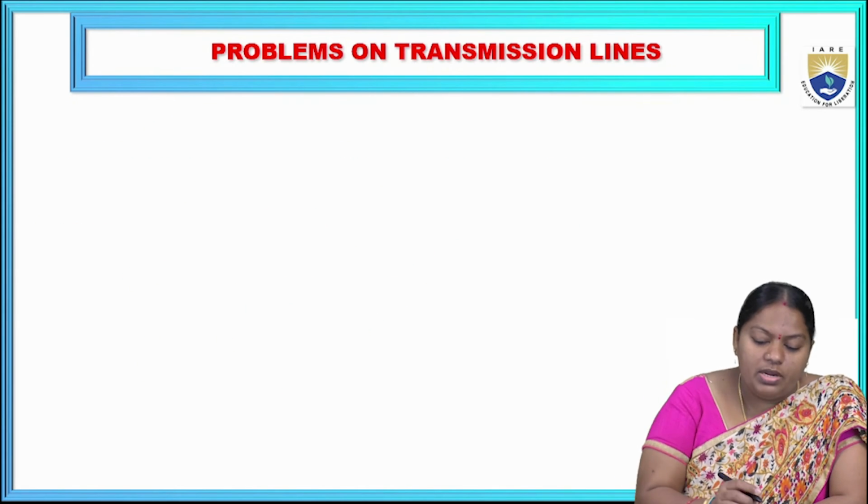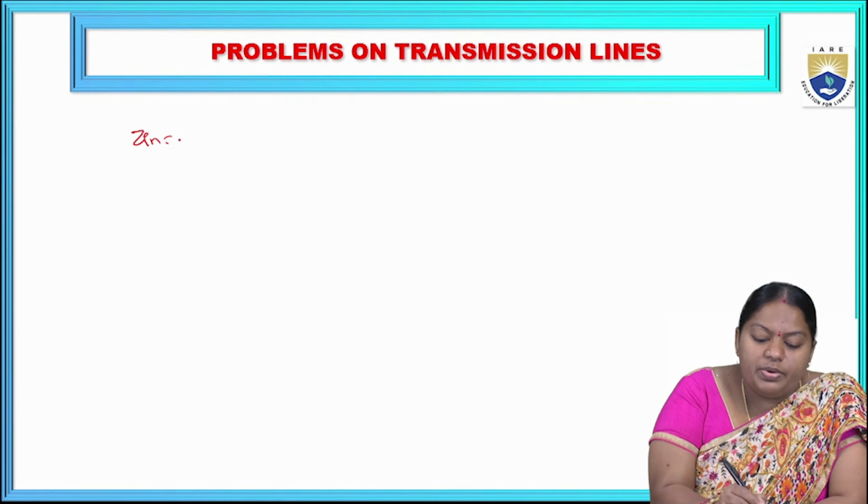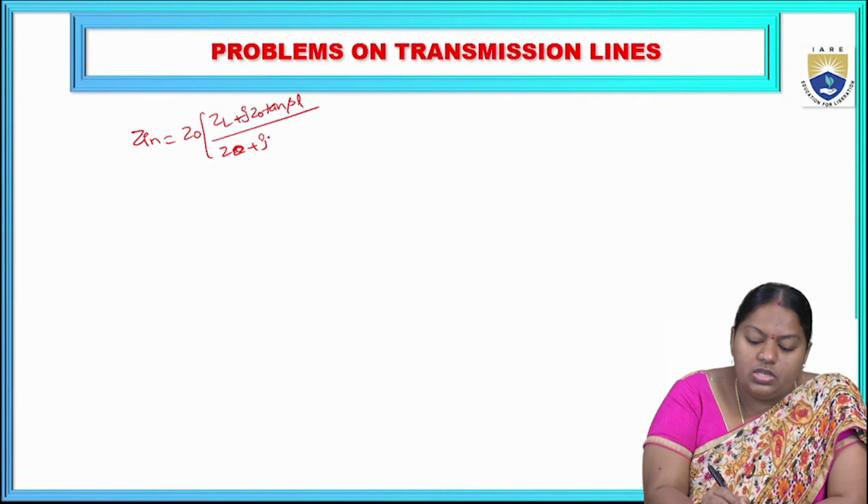So the formula is: Zin is equal to Z0 into (ZL plus jZ0 tan beta L) by (Z0 plus jZL tan beta L).